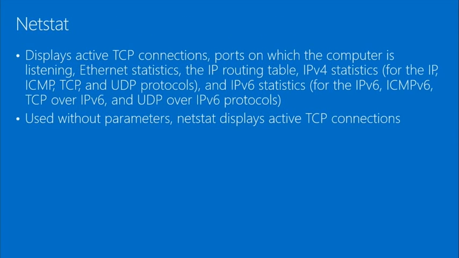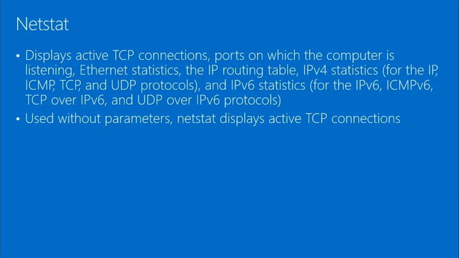So netstat. This displays active TCP connections, ports on which the computer is listening, Ethernet statistics, the routing table, and statistics for IPv4 and IPv6. Used without parameters, netstat displays active TCP connections.